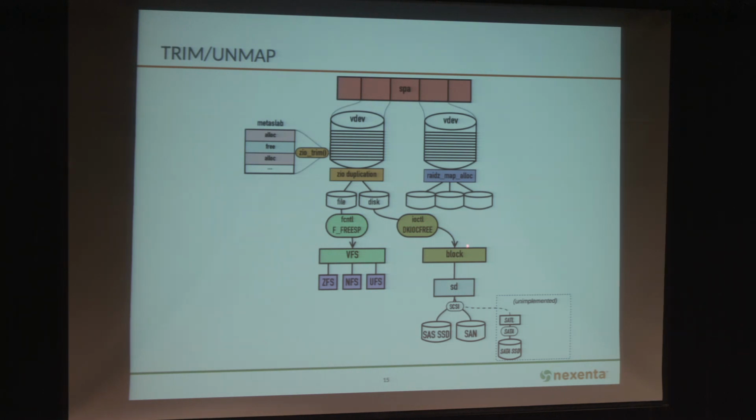That goes down to your block layer and hits your SCSI device driver. And on SCSI devices, it generates an unmap command, goes either to your SSDs or your SANs, or in the future, if somebody is masochist enough to write this piece of code, to the SATA translation layer and goes out to a SATA SSD. But we currently haven't done that because that's not critical for us.